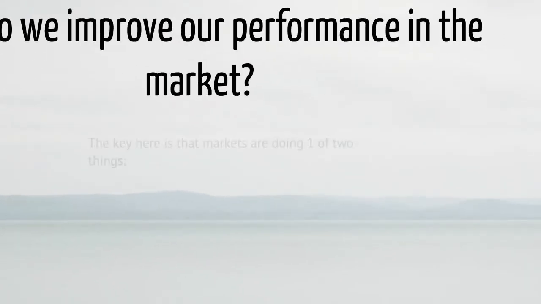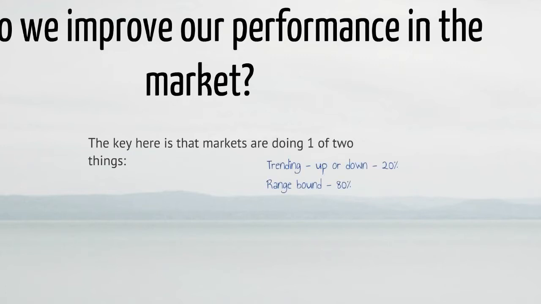Because there's a few things that we know, and the key here is that markets are doing one of two things. Markets are either trending up and down, and that usually happens around 20% of the time. So if you're a trend trader tracking a specific market or markets, you've got to accept that the trending environment is only going to be occurring 20% of the time.